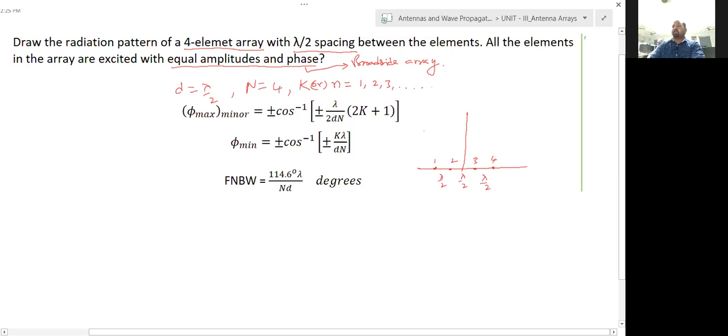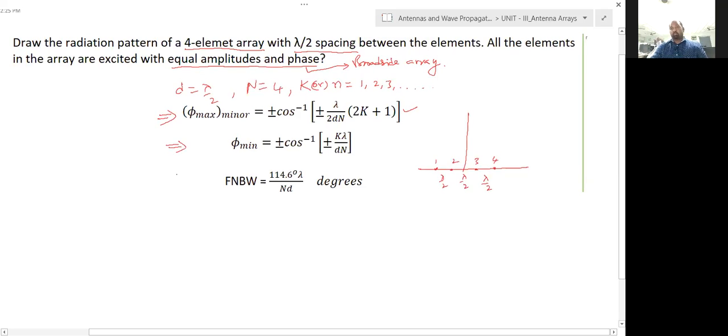So for a broadside array, this is the expression for maximum directions of minor lobe, this is the expression for minimum directions, that is null, and this is the expression for first null beam width. And one more thing is the maximum directions of major lobe: 90 degrees and 270 degrees.